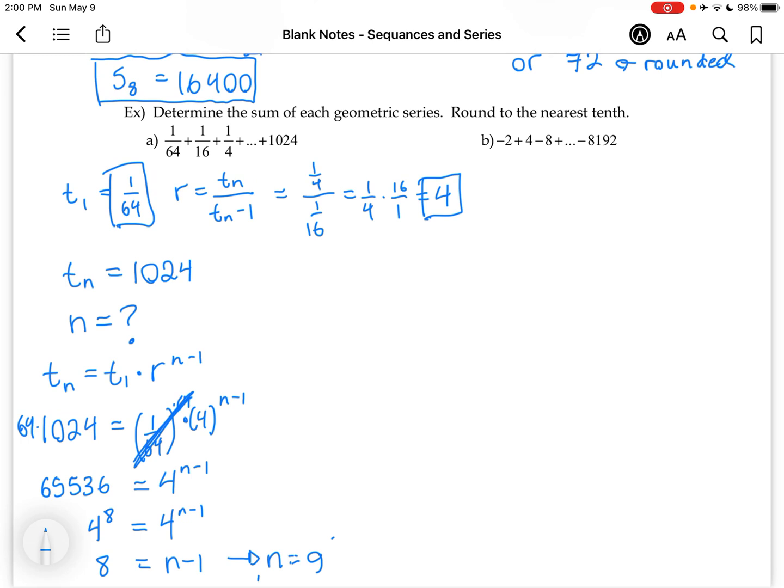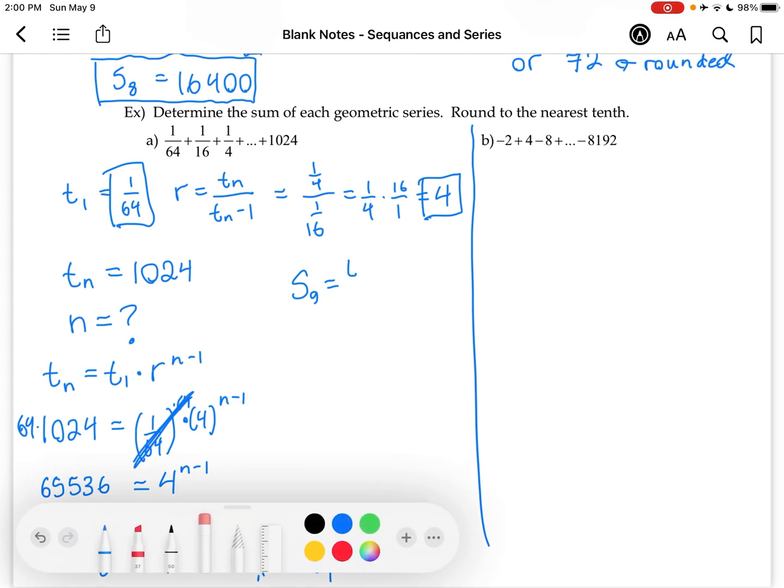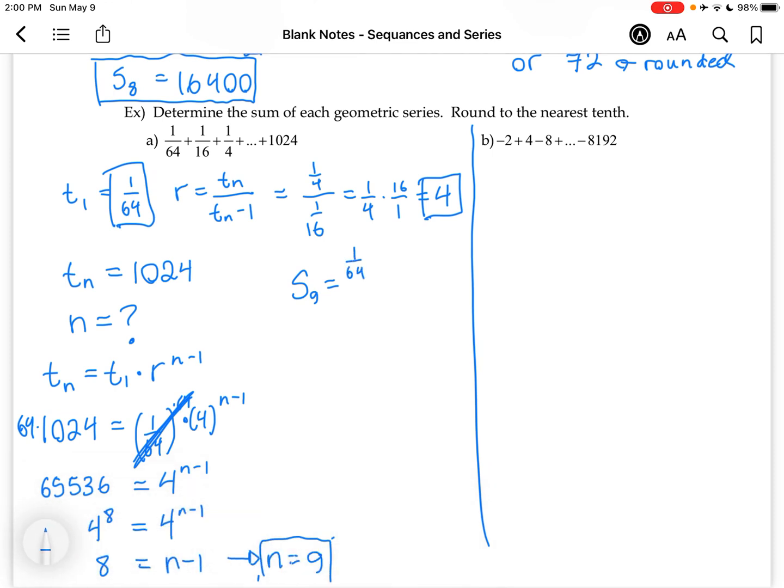Okay, so what I'm looking for here in terms of the sum is S9. Okay, so S9 is T1, which is, actually, let me just go straight into it. 1 over 64 times r to the n minus 1, so 4 to the 9 minus 1, over r minus 1, 4 minus 1.